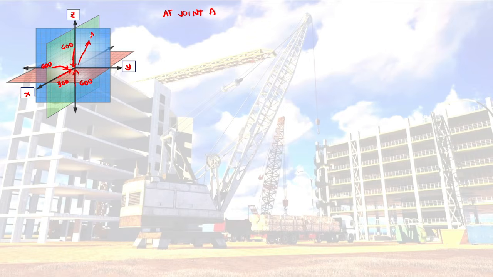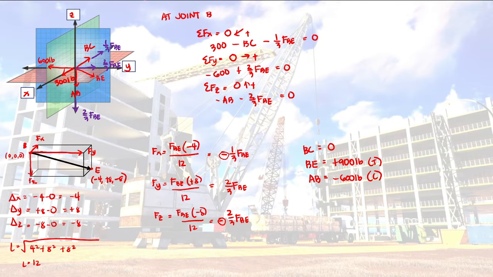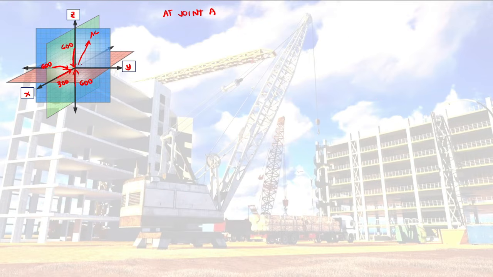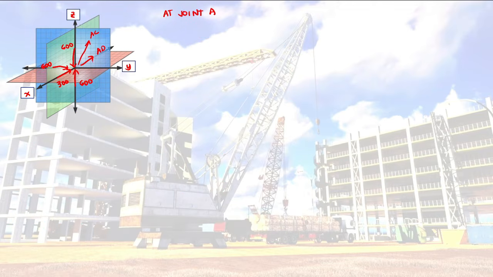Then, we have AD. Lastly, we have AE. Ang AE natin is somewhere here. Ayan. After that, we can already do the components.